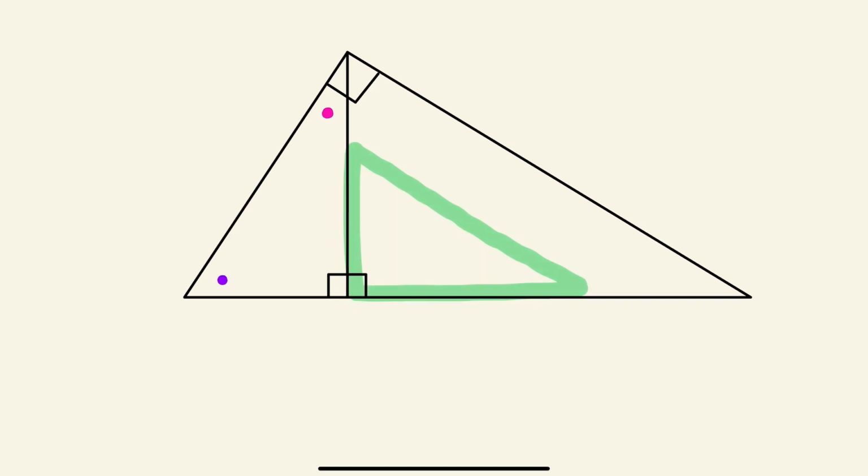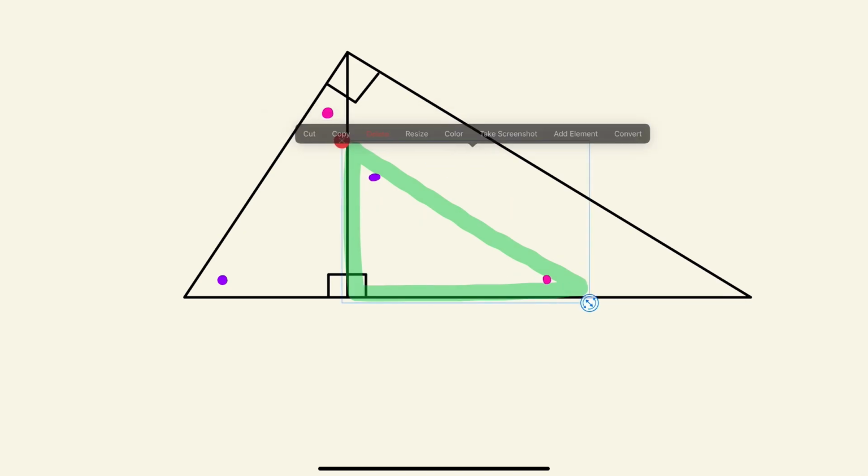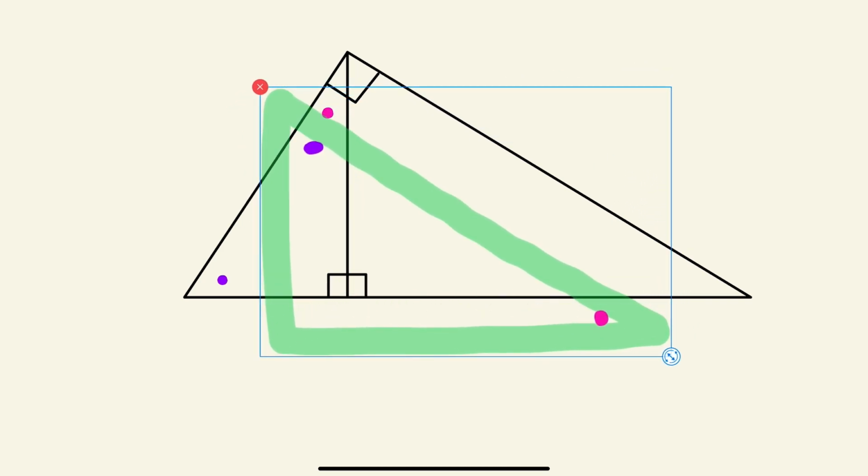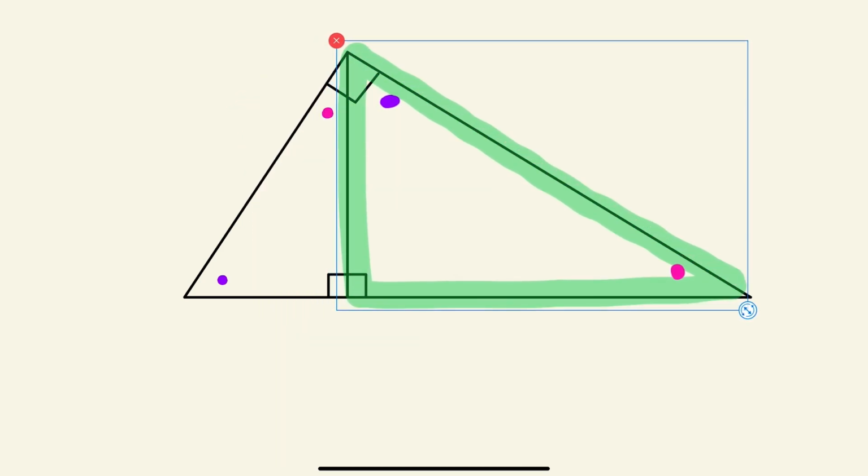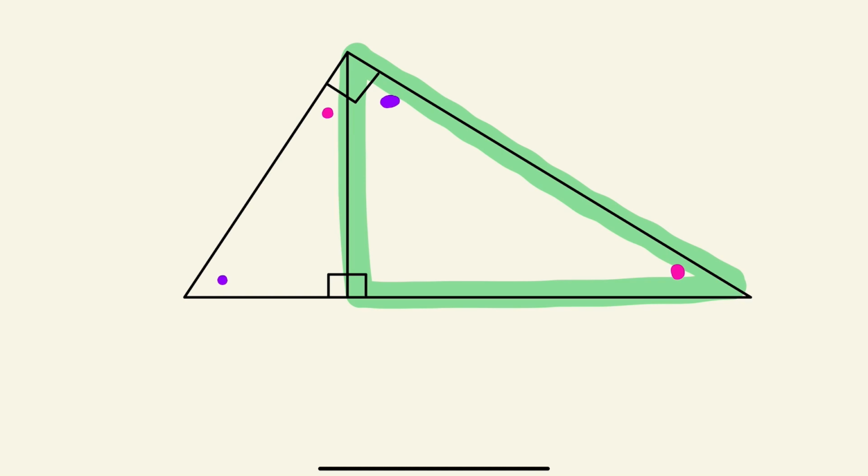So I'm imagining that this triangle spun around and dropped down to where that green one is, going in this direction. Now, remember that the pink dot would be here and the purple dot would be here, so that's where they fell when that triangle fell over. Now, if I was to resize this and make it larger, that purple dot would fall over there and that pink dot over there.